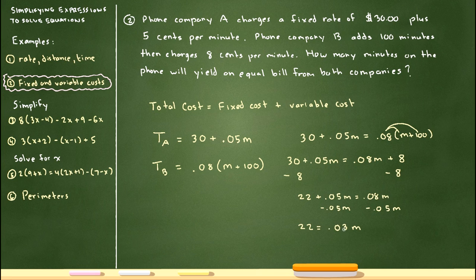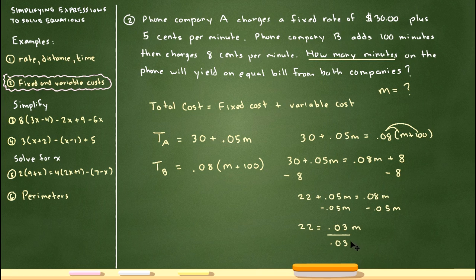So the last step is, when we want to solve for m, how many minutes is what we're looking for. We want to obtain an equation that looks like this: m is equal to something. Right now the 0.03 is in the way. So we have to go ahead and divide both sides by 0.03.